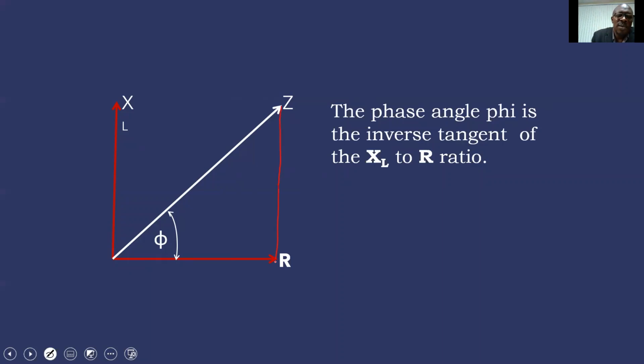If we complete this, we would have a right angle triangle. The phase angle phi is the inverse tan of XL over R. Now that I have all this information, let us see how we apply it to circuit analysis.